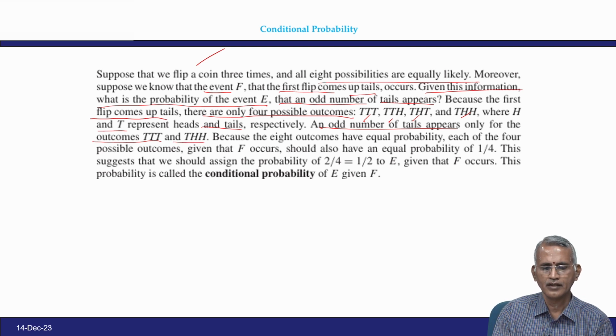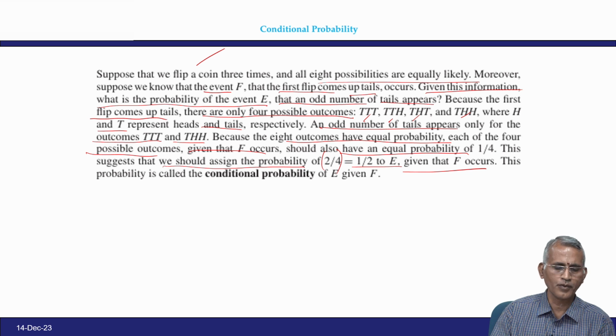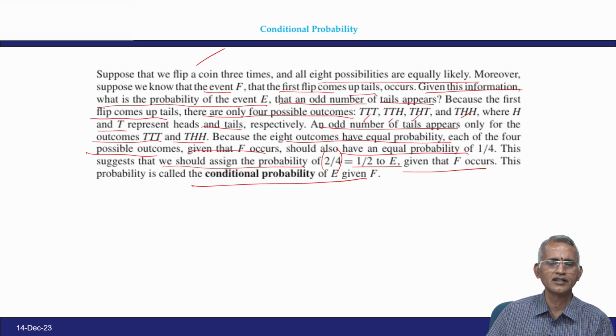Because the 8 outcomes have equal probability, each of the 4 possible outcomes, given that F occurs, should also have an equal probability of 1 by 4. This suggests that we should assign the probability of 2 by 4, equal to 1 by 2, to E, given that F occurs. This probability is called the conditional probability of E given F.